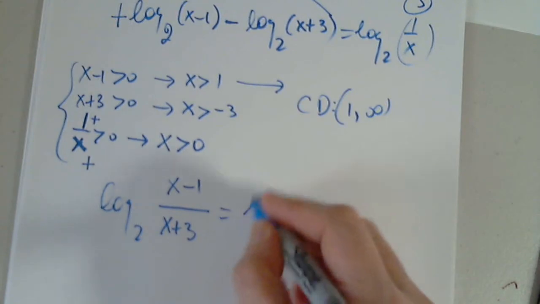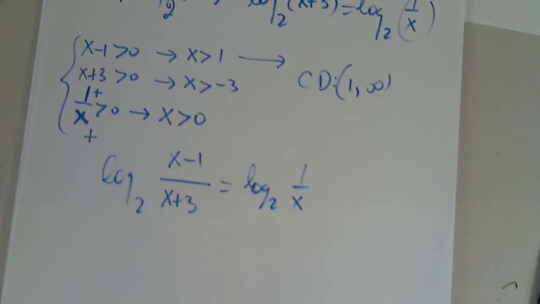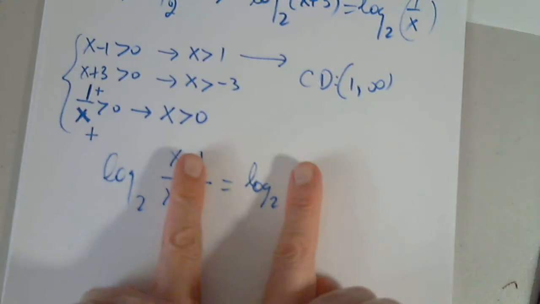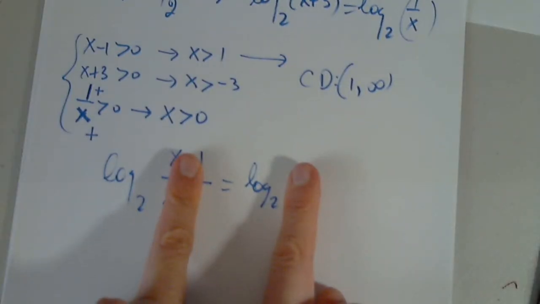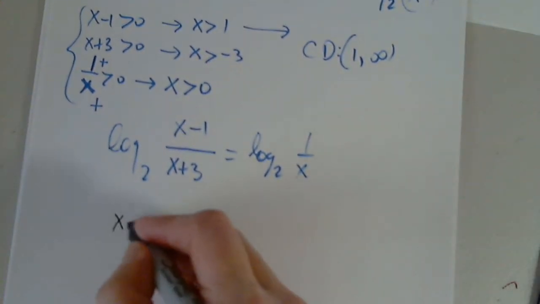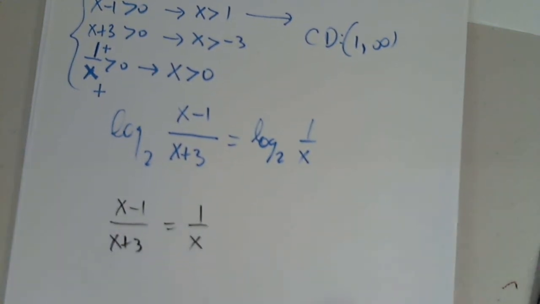The right-hand side is log base 2 of 1 over x. I don't need to change this into an exponential, because I have 2 logs that are equal in the same base. Their quantities must be the same. All I have to do is set these two equal to each other. And this is x minus 1 over x plus 3 equals 1 over x.